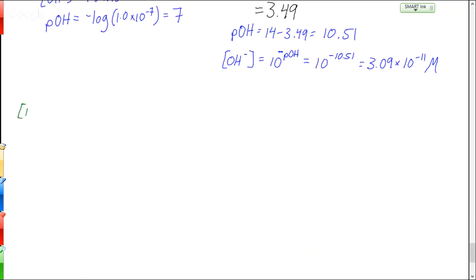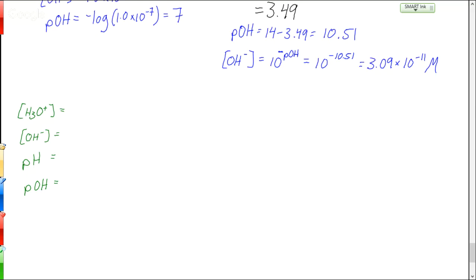So these are the 4 interrelated variables: the hydronium ion concentration, the hydroxide ion concentration, pH, and the pOH.